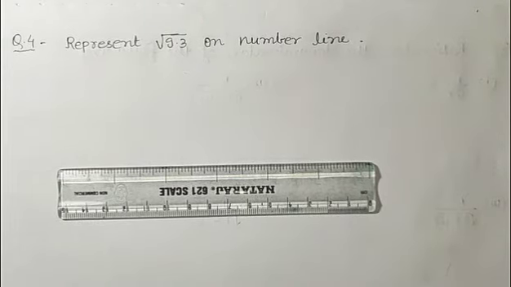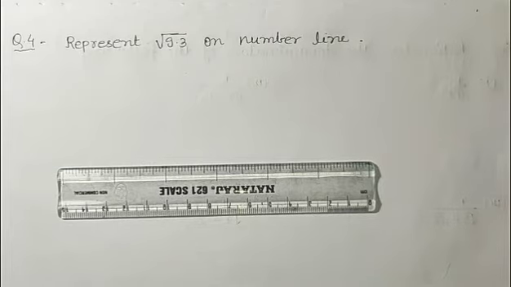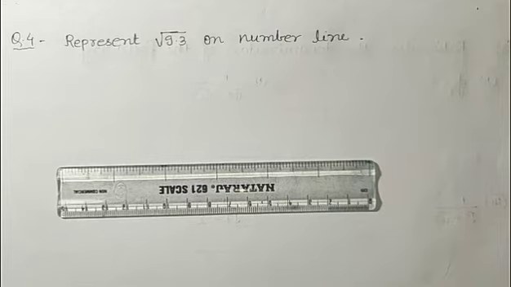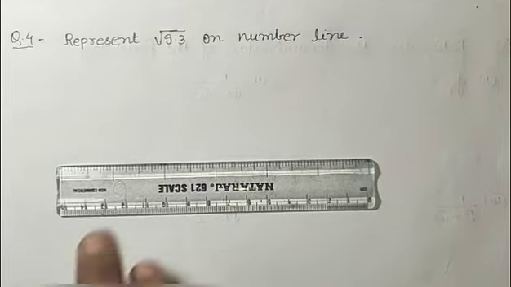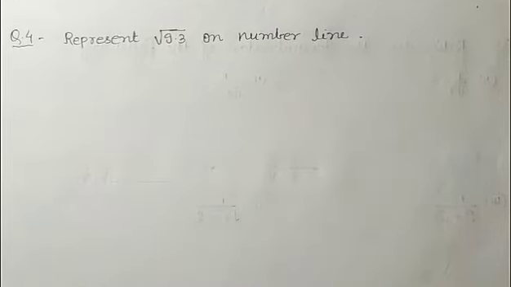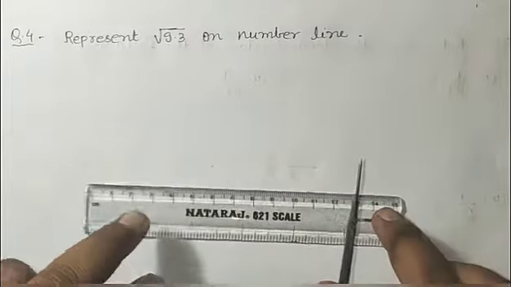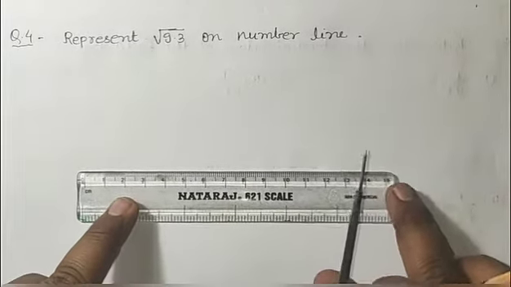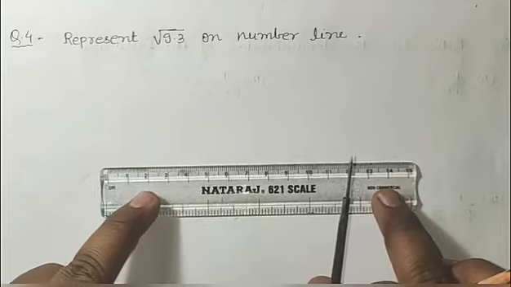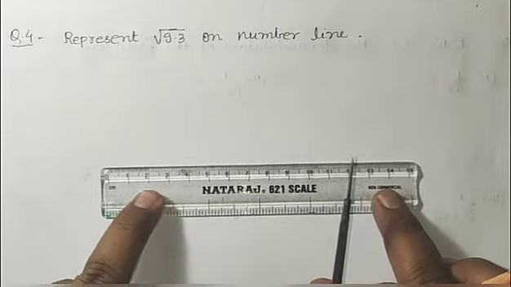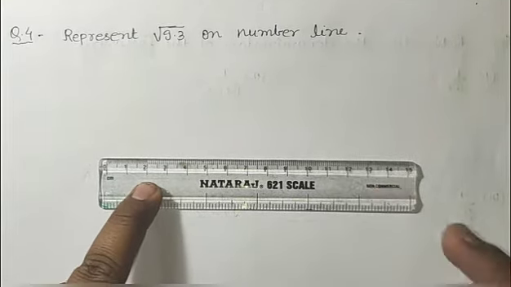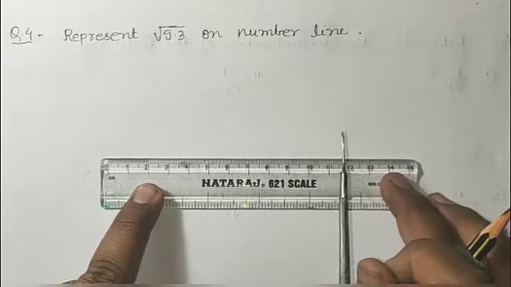So students, our next question is: represent under root 9.3 on the number line. How will we represent under root 9.3 on the number line? See students, this is a special type of question, and for that we will follow some procedure. The first step is, we will draw a line segment of 9.3 centimeter.